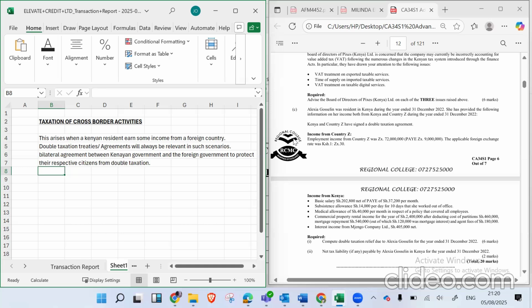Condition number one, there must be a double taxation agreement between Kenya and that foreign country.